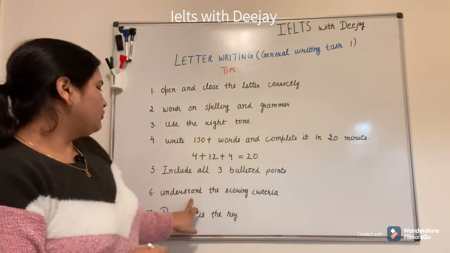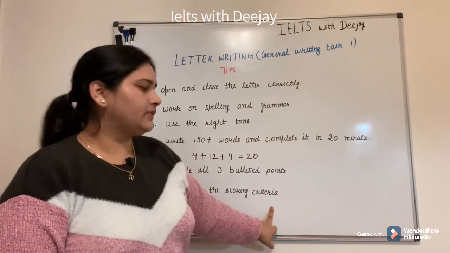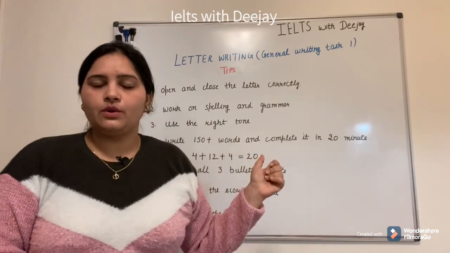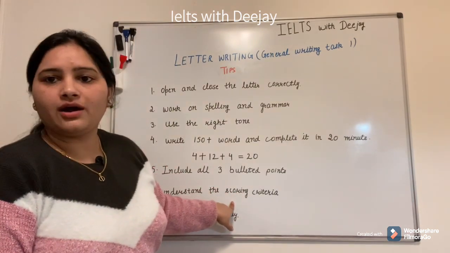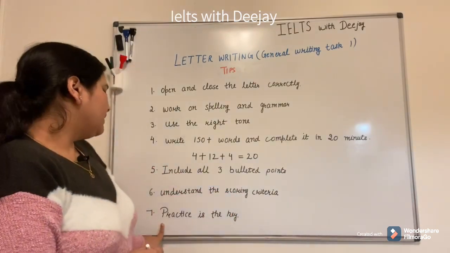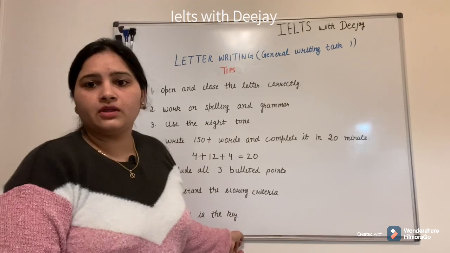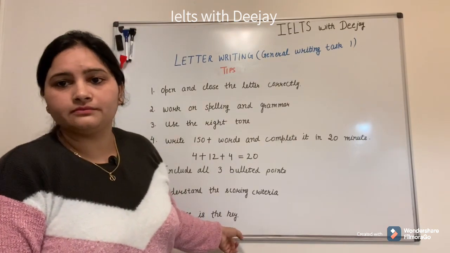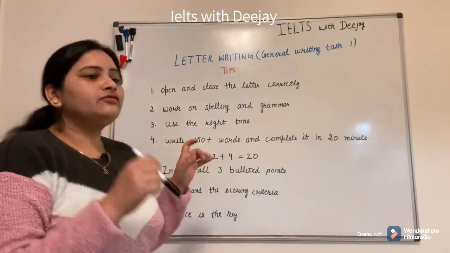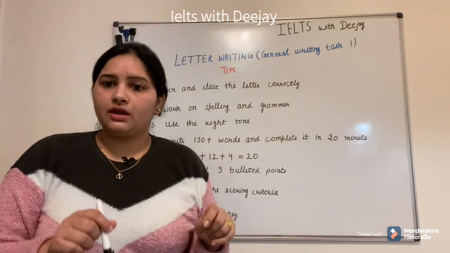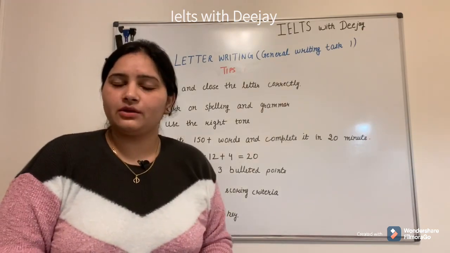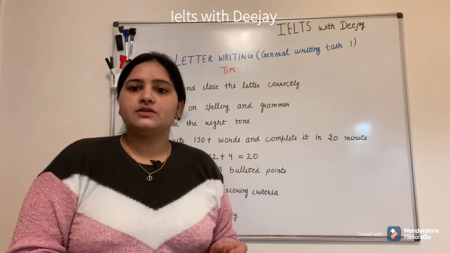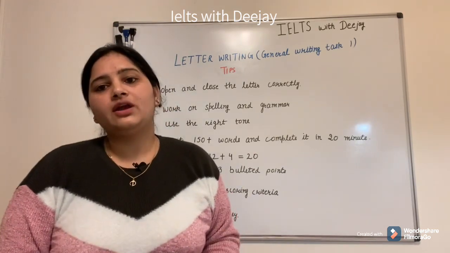And then you have to understand the scoring criteria that I have discussed in my last video. In writing task 2, I have discussed the scoring criteria, that is, how our writing is checked. Then practice is the key, because tips are not going to work unless you are doing it. What you have to do is write and get it corrected, because a lot of tips are there on the internet, but the main thing is we need to understand where we are lacking.